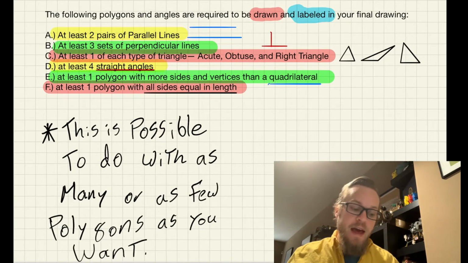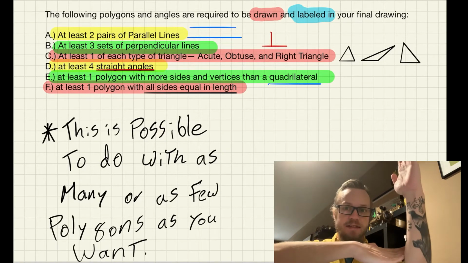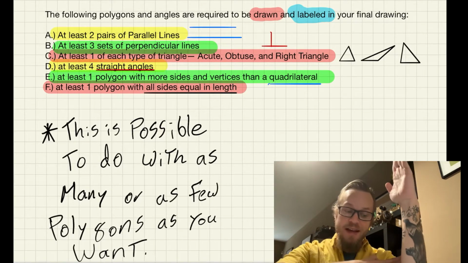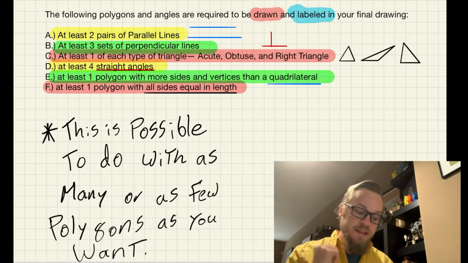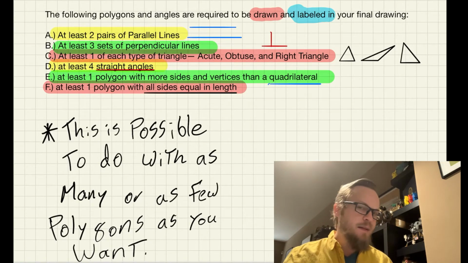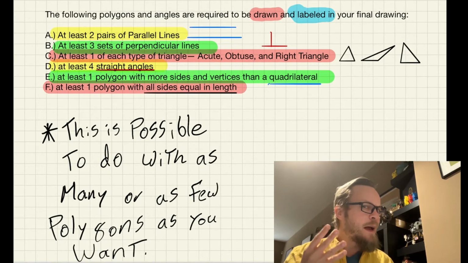B, at least 3 sets of perpendicular lines. C, at least 1 type of each type of triangle: 1 acute, 1 obtuse, and 1 right triangle. D, I need at least 4 straight angles.